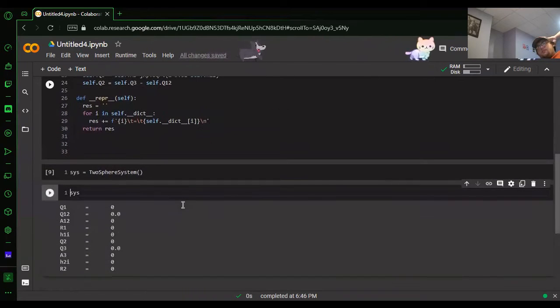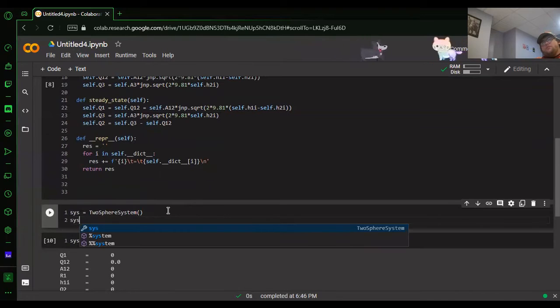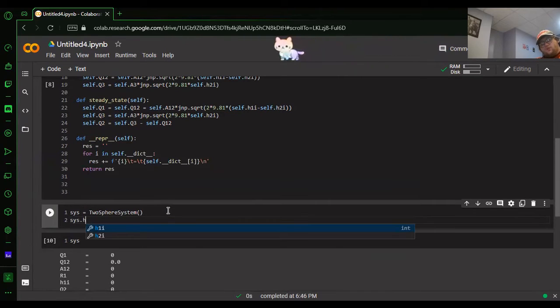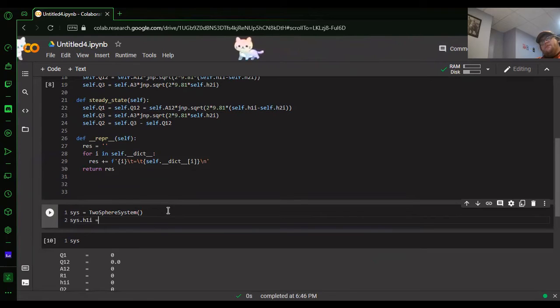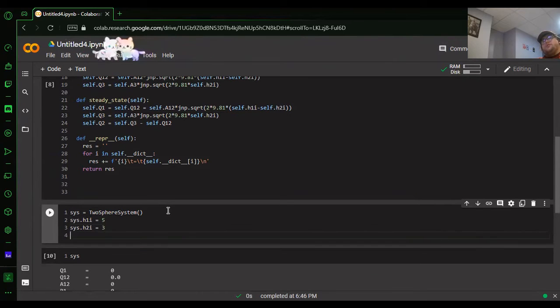So all we have to do now is set up our system. Our system has initial heights of 5 meters in tank 1 and 3 meters in tank 2.